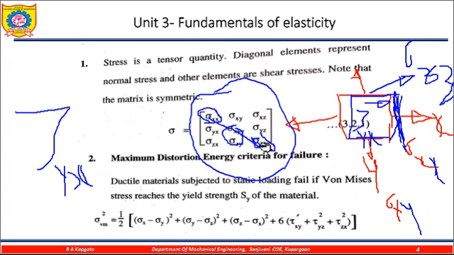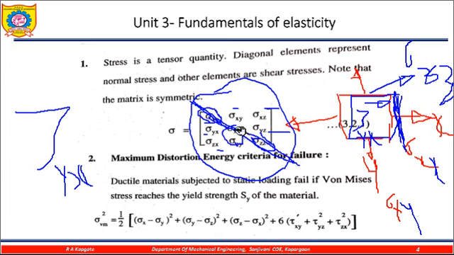So all these perpendicular parameters are the normal stresses applied on this plate, while the other stresses are shear stresses. This is a shear stress, this is a shear stress, and so on. So the diagonal elements are the normal stresses, and the other elements are the shear stresses.